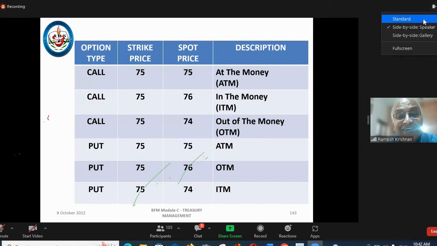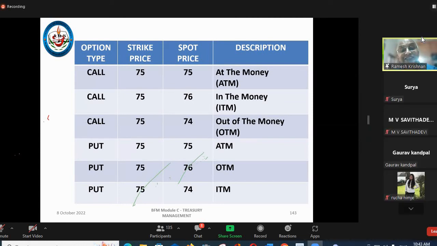And just the opposite of a call, market is at 75, strike price is 75, market is at 74. So the option has a value of 1 rupee, so it is an in the money option. This is just a figurative or tabular description of at the money and in the money options.